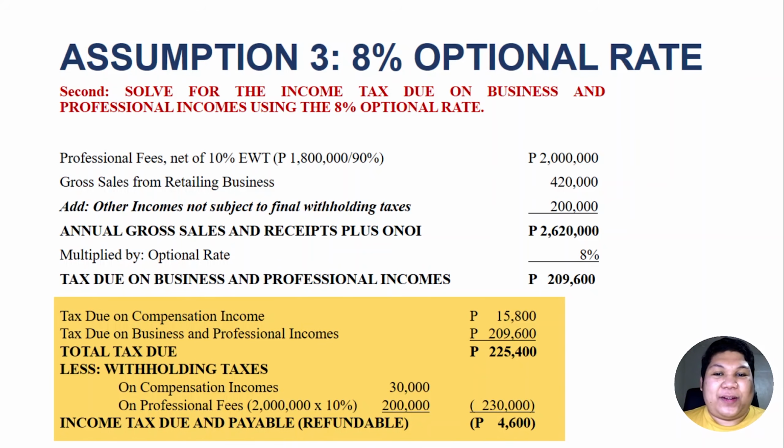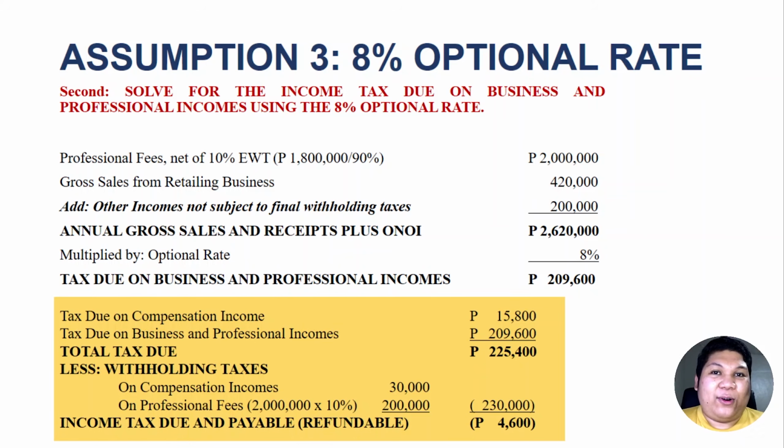Under assumption 3, Juan will no longer have to pay to the BIR, unlike assumption 1 and assumption 2, where Juan would still have to pay 200,000 plus in income taxes. But in this assumption, Juan has a negative figure. So what will Juan do for this amount?